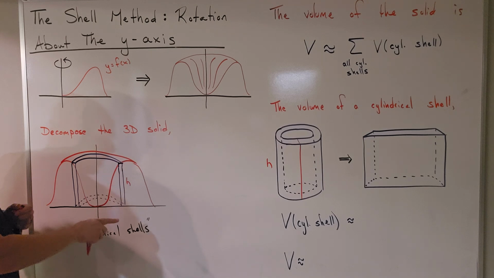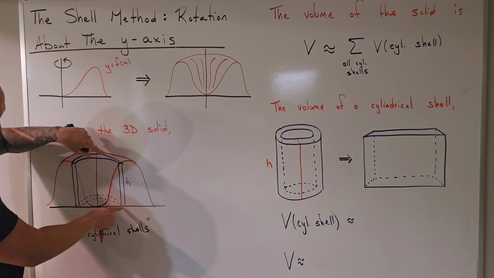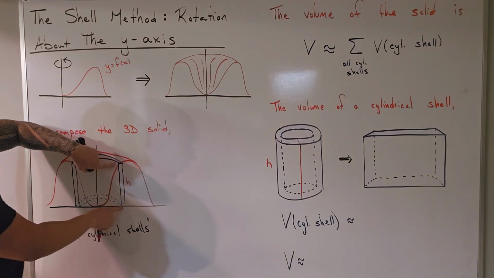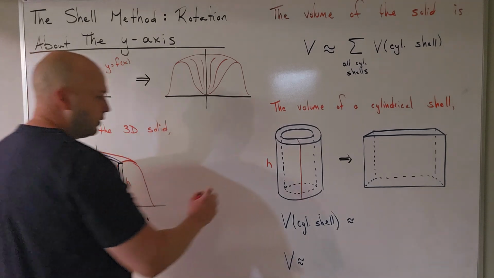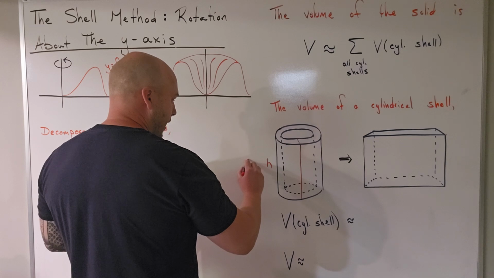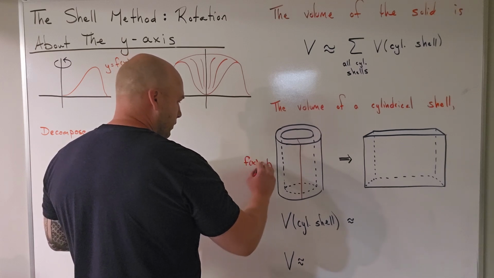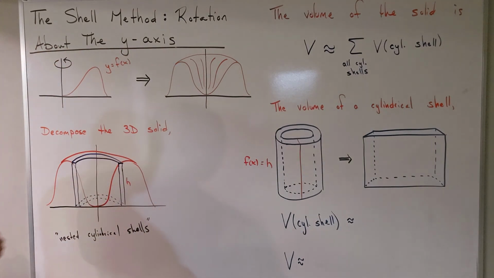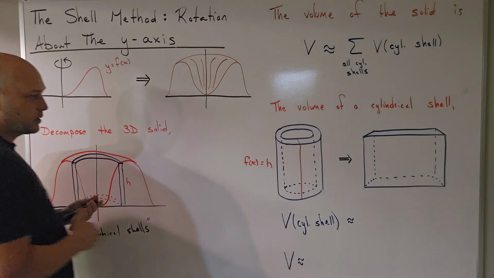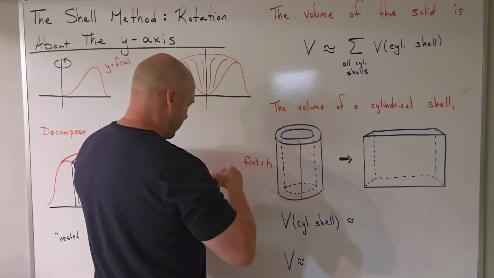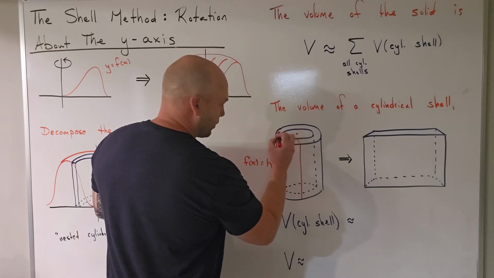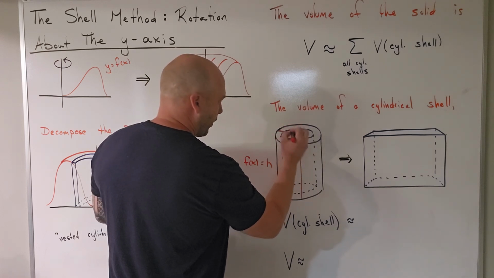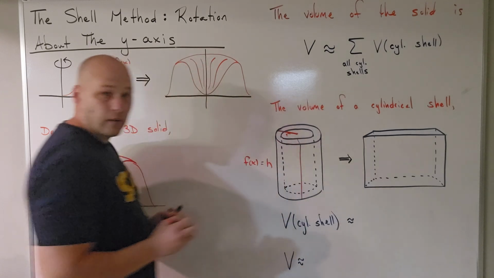And notice that the height is the distance from the x-axis to the point on the graph, which really is just the function value. So I'll say that the height is actually f of x. Then I also would know the radius of this. So let's say from the center of that inner cylinder to here, let's call that r.